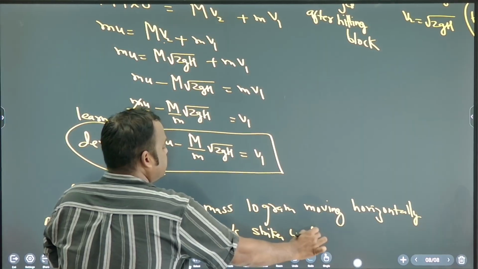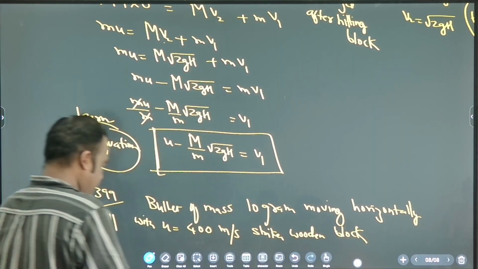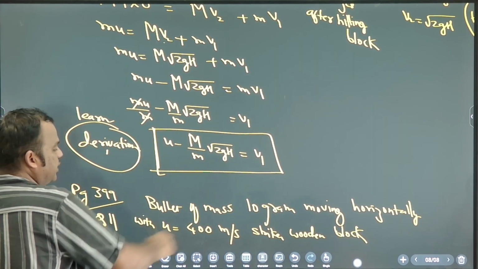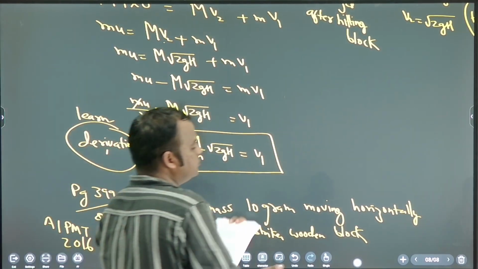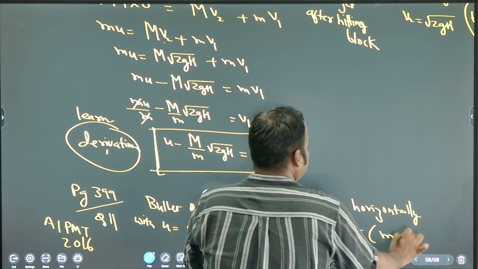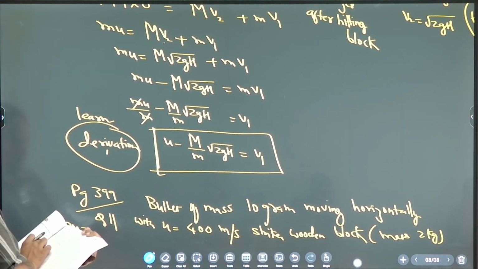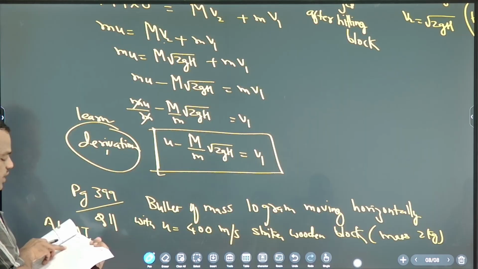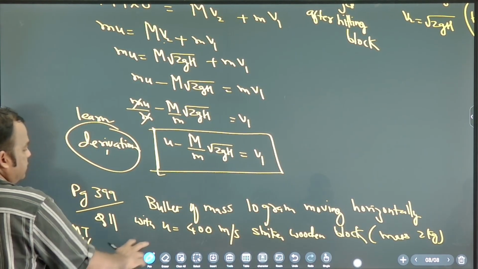You have this book, everyone. The bullet strikes the wooden block with what speed? 400. What is the mass of the wooden block? 2 kg, suspended by a light inextensible string of length 5 meter.